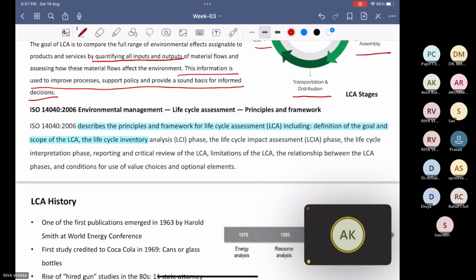Then we have limitations, the relationship between the LCA phases, and so on.